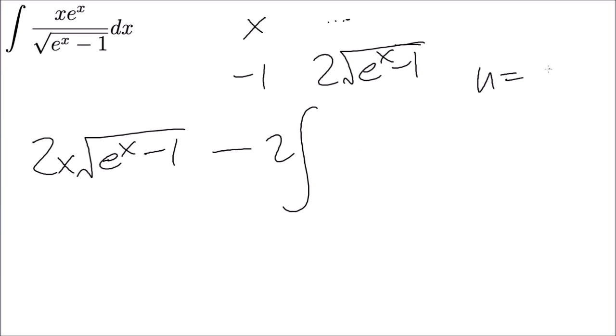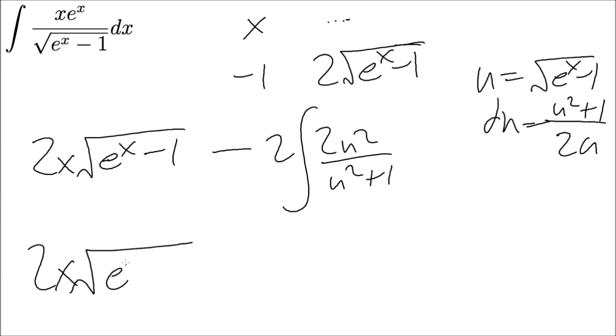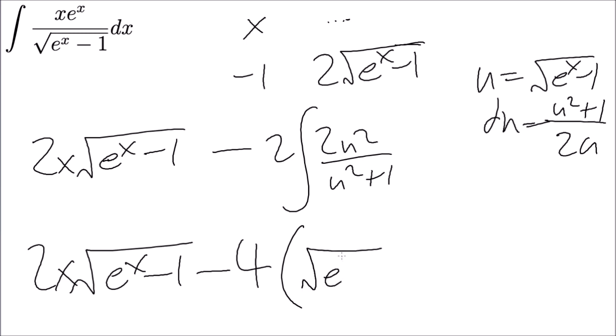Let u equal square root of e to the x minus 1. Right, du is equal to 2u over u squared plus 1, right? And then you just start bashing. You start bashing at this point. So 2u squared over u squared plus 1. So you get 2u minus 2 over u squared plus 1.